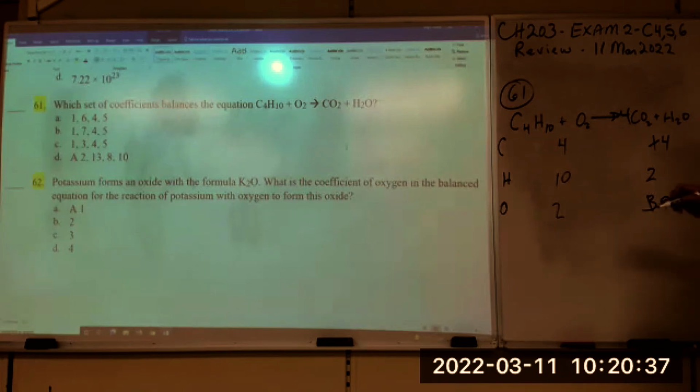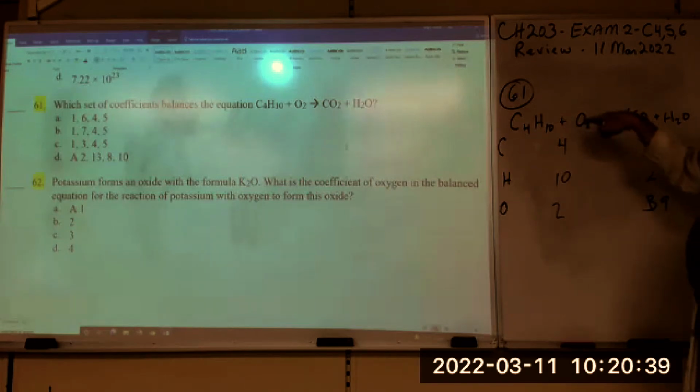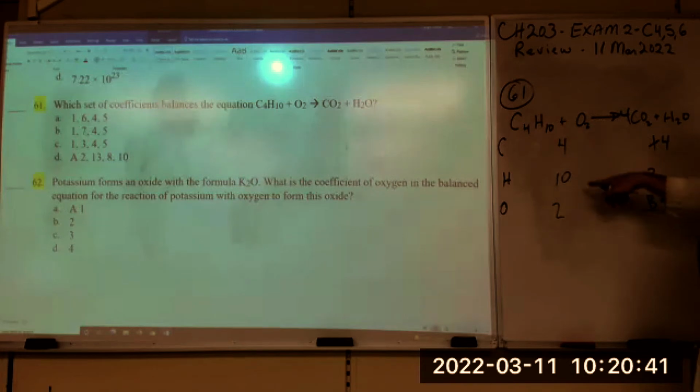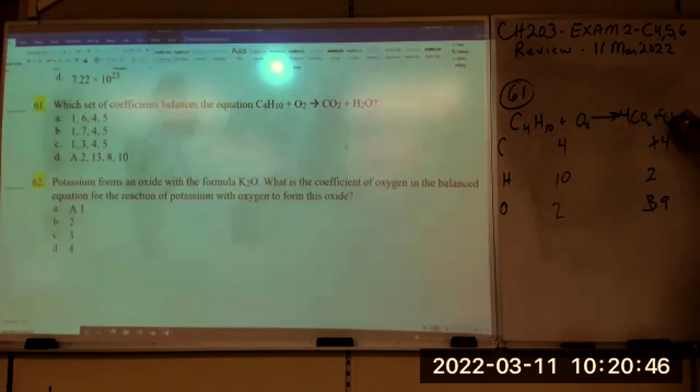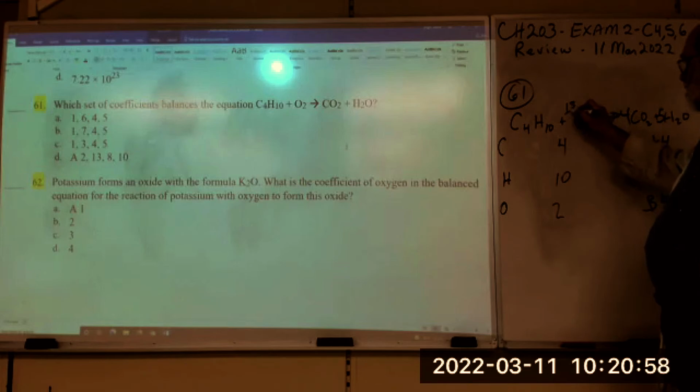Okay, now hydrogens, because we're saving the oxygen till last. So hydrogens, we need 10 hydrogens on this side. So we need 5 here. That gives us 10 hydrogens. 5 plus 8 is 13.